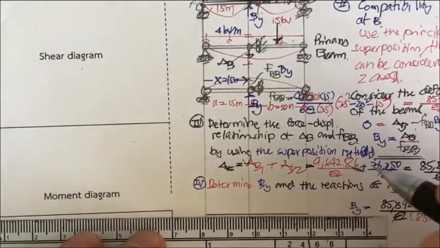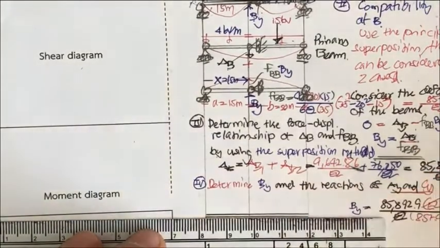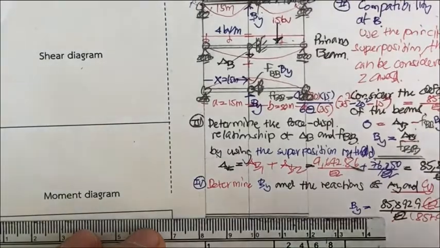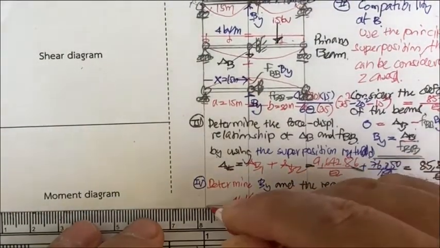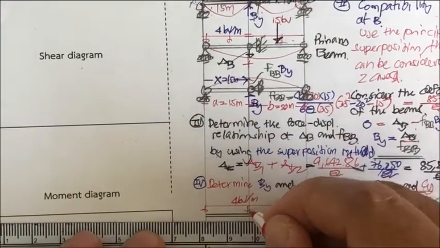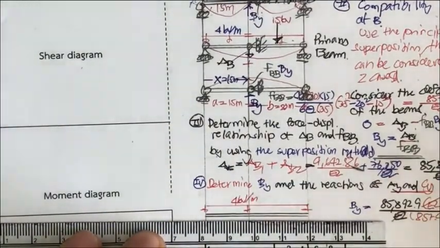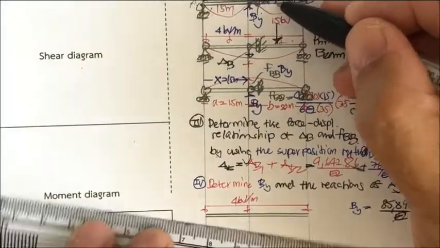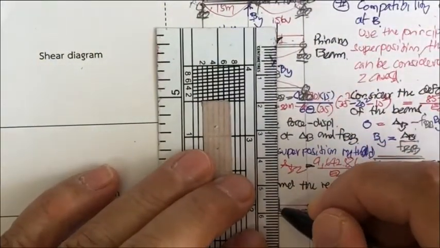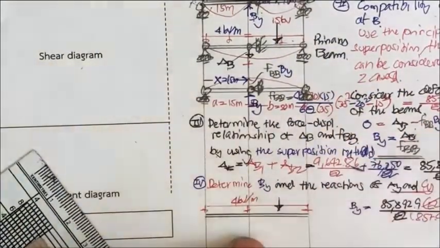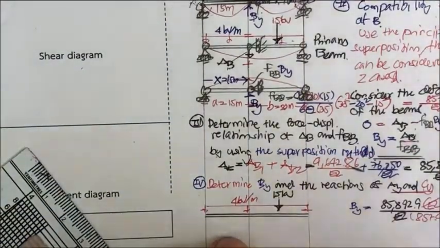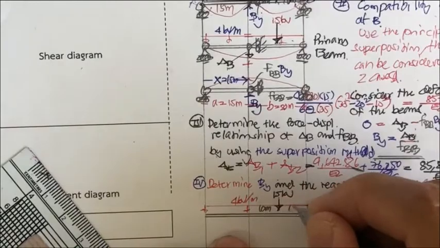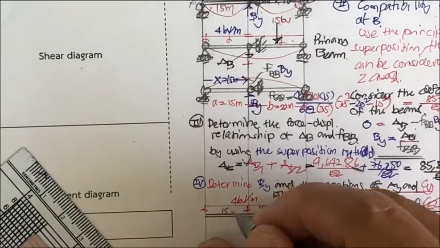The beam is going to have the applied force of 4 kilonewton per meter, and it also has this 15 kilonewton, and this is 10 meter, and 15 meter.